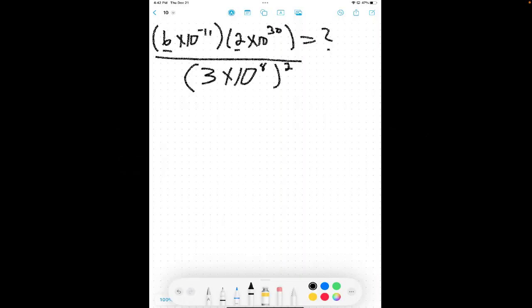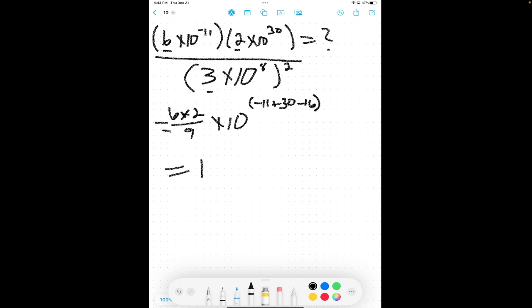So taking the prefixes of each number, we have 6 times 2 over 9 times 10. Now let's go ahead and add up all of the exponents. Minus 11 plus 30 minus 16.